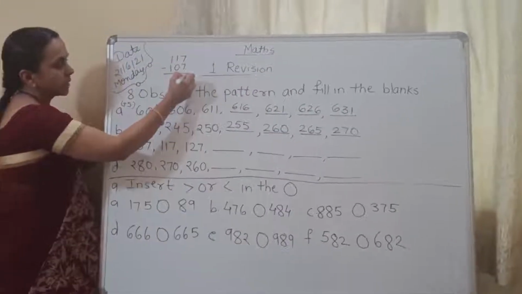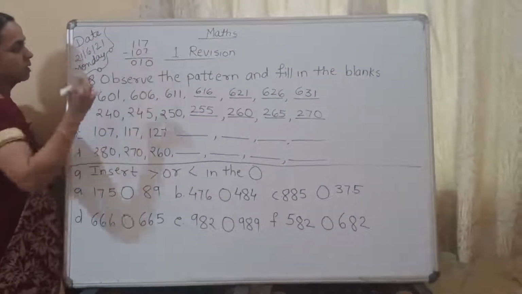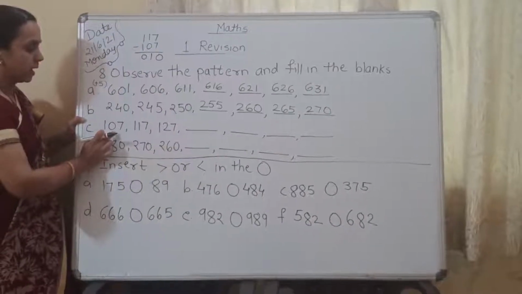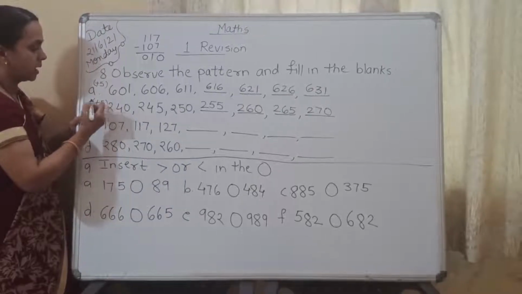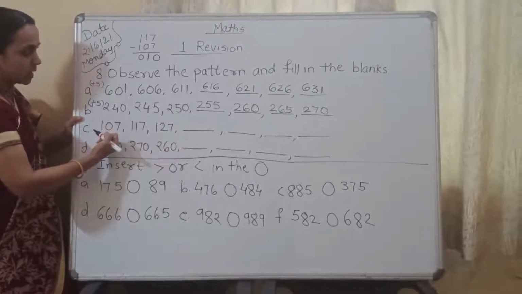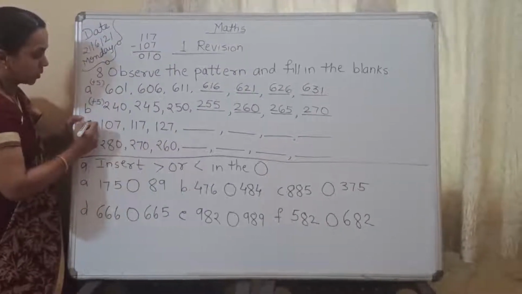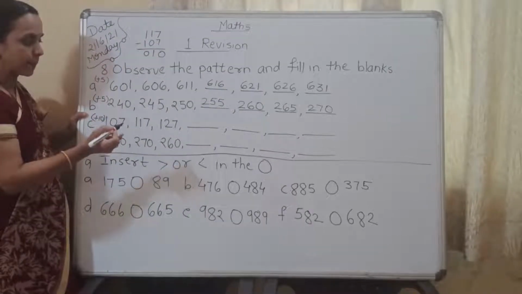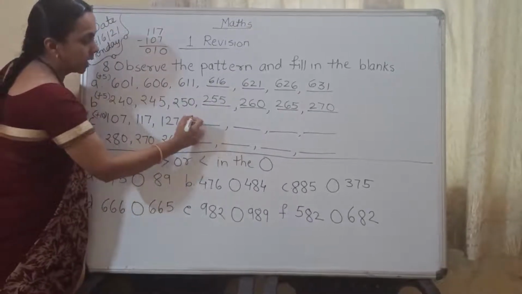So 7 minus 7, 0, 1 minus 0, 1, 1 minus 1, 0. So what is our answer? 10. Means here you write plus 5 here also. And what will you write here? What is the pattern here? Plus 10. Okay, so you can write in the bracket here plus 10. Okay, so 127 plus 10, how much?